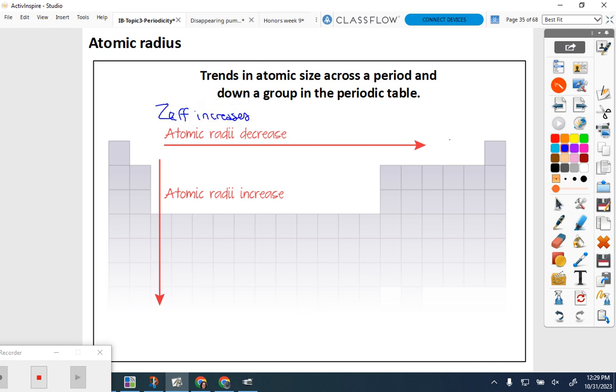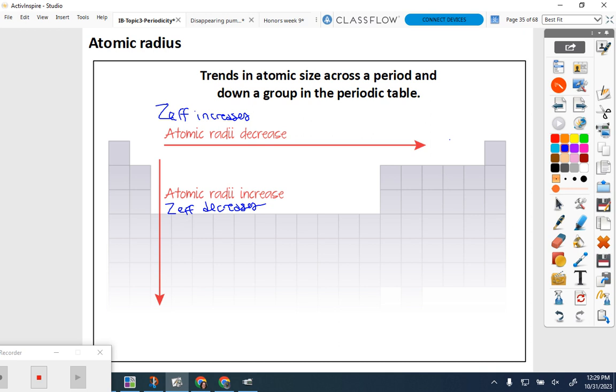As we go from top to bottom, the Z effective decreases. You could write it in terms of forces of attraction, just to give yourself a sense of why all these things are happening, not just the fact that they are.